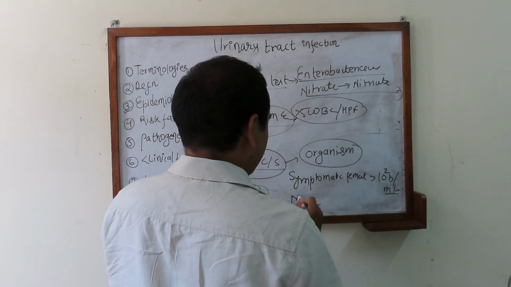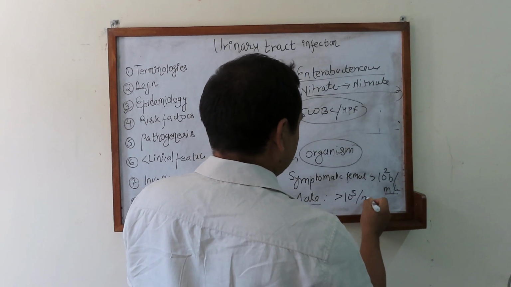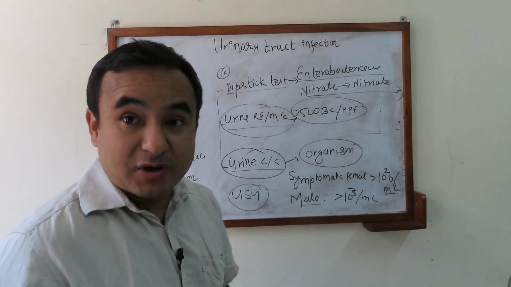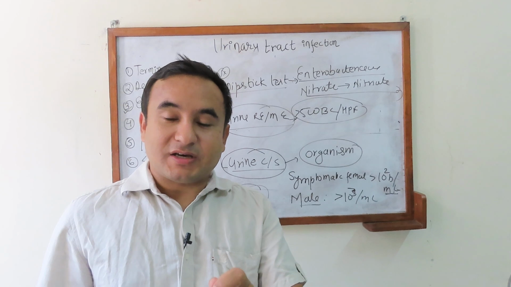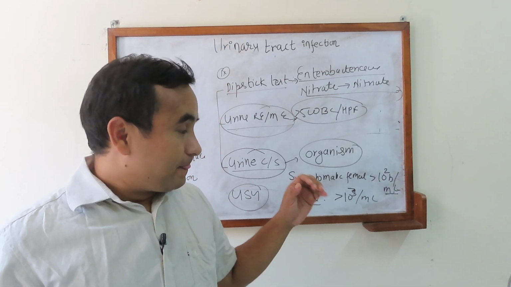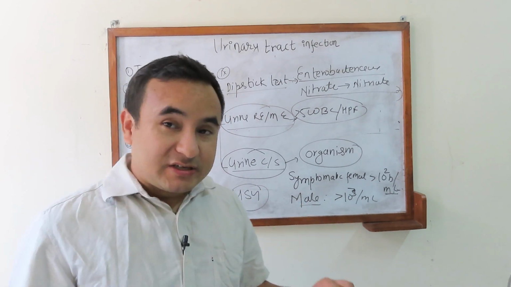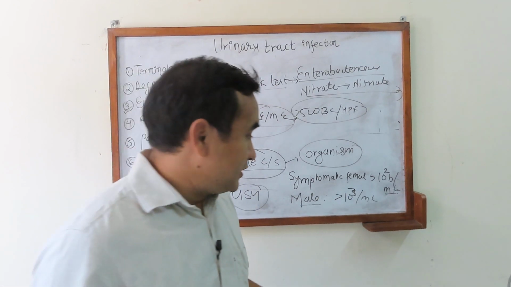In case of male, we take the value 10 to the power 3 per ml. Previously it was 10 to the power 5. So if someone is symptomatic and female, when we are doing the culture, if there is 10 to the power 2 per ml, then that is suggestive of UTI. Okay, so this is the test.